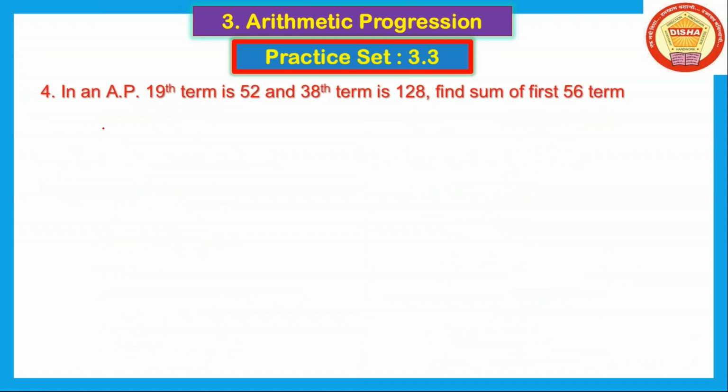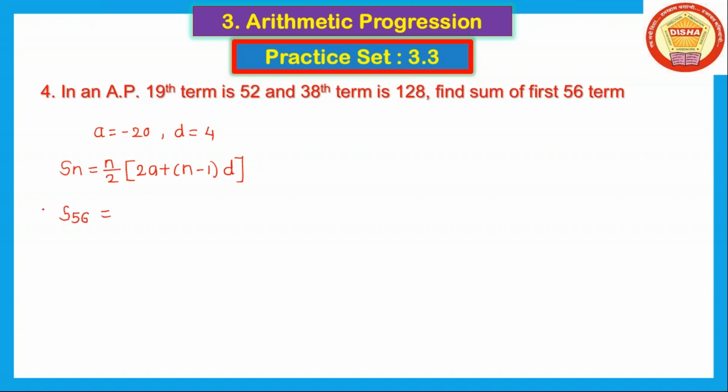That is, we find A is equal to minus 20 and D is equal to 4. Then we use the formula of Sn. Sn is equal to n upon 2 in bracket 2a plus n minus 1 into D. The question is asking to find the sum of 56 terms, which means n is equal to 56.